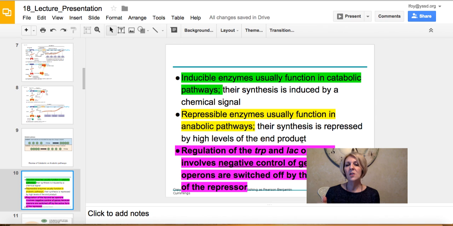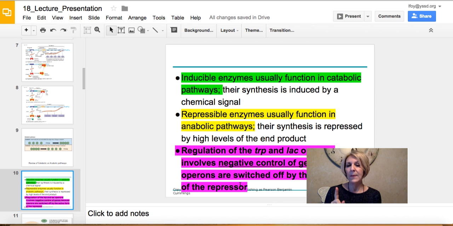What does that mean? So an anabolic pathway is when the cell is building something. In this case, like when it's building tryptophan. As tryptophan, which is the end product, builds up, you don't need that product to be made anymore. And so then you can turn off that operon, and that is repression. So both the trp and the lac operons are negative control of genes because their operons are switched off by active forms of the repressor.